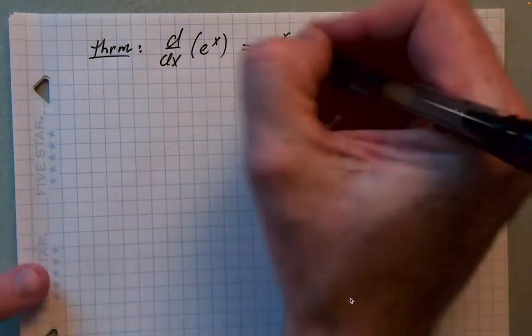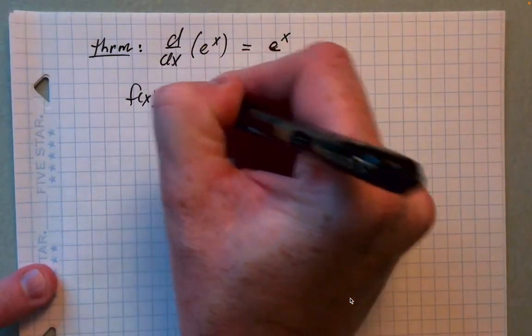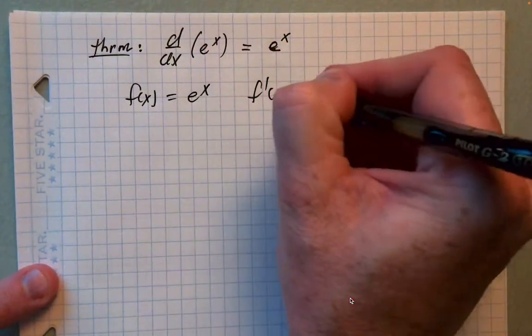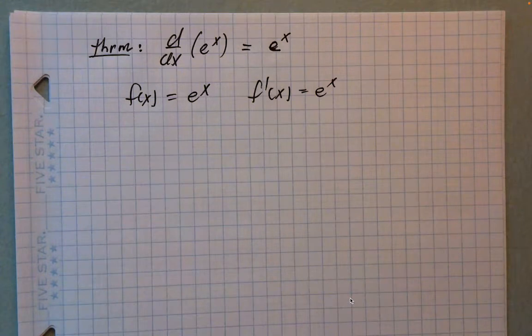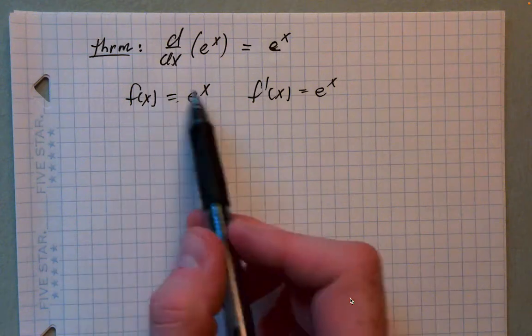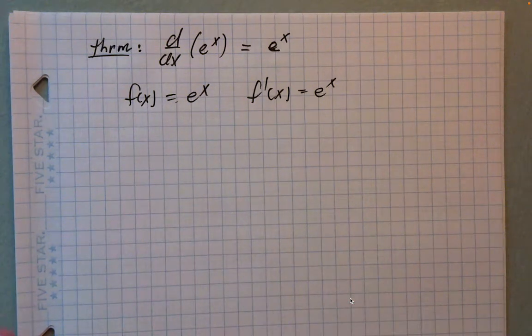What that means is that given the function f of x equals e to the x, f prime of x is equal to e to the x as well. The derivative is identical to the function itself, so the slope of e to the x is always going to be the y component of any ordered pair that lies on the graph of the function e to the x. So that's kind of remarkable.